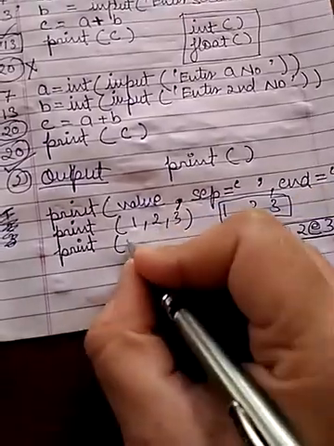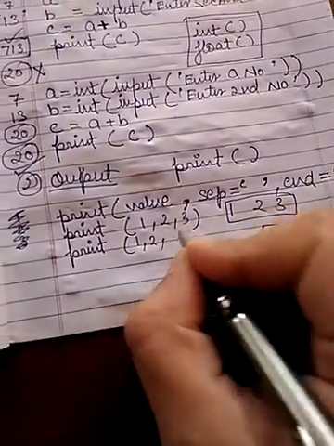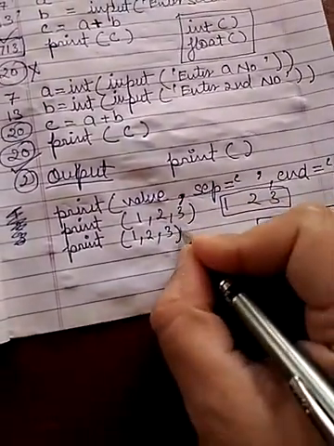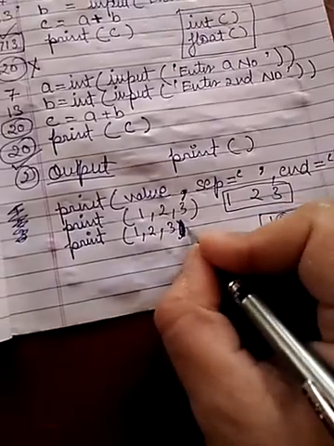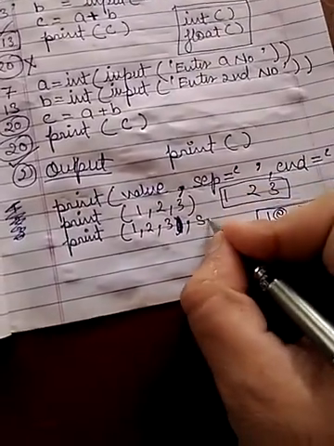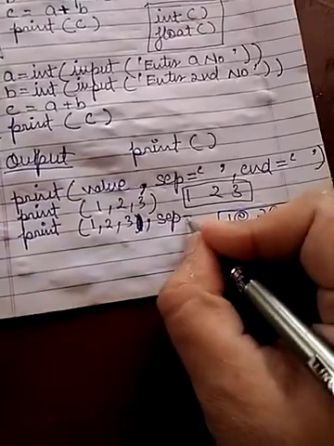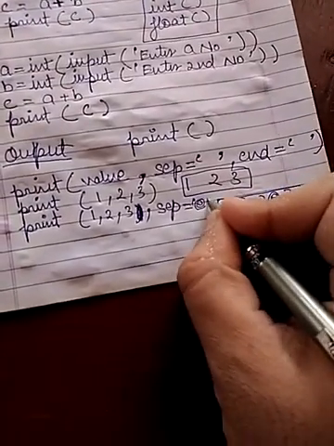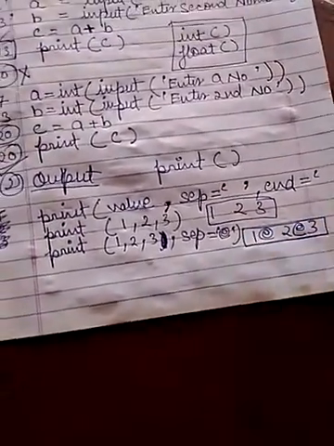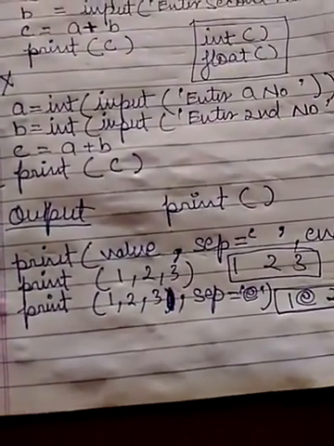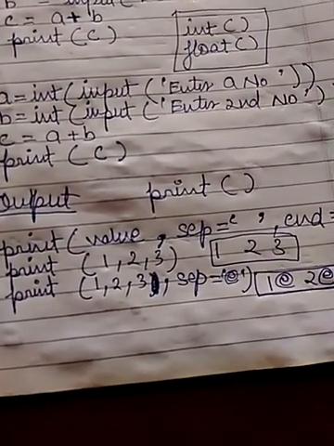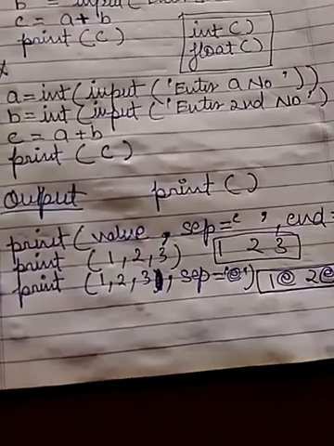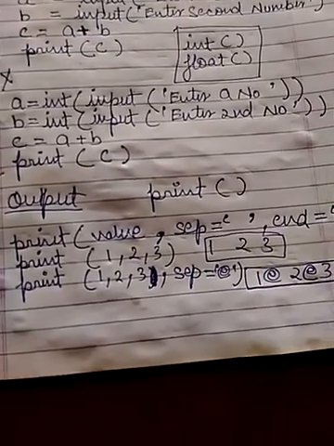print 1, 2, 3, comma, sep equal to at the rate. In this way, here sep is the separator which we have used to separate the values.